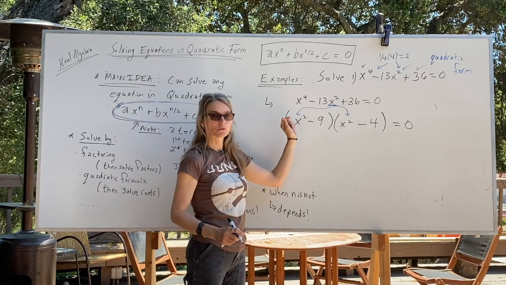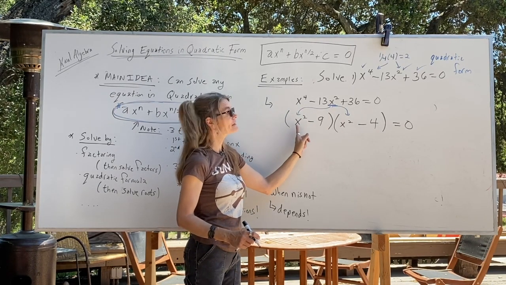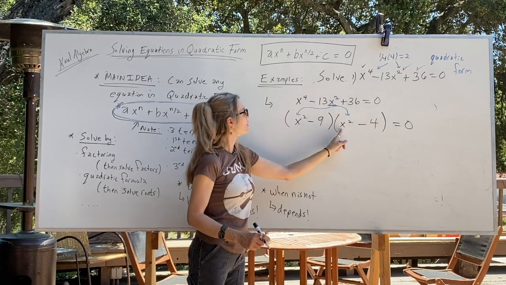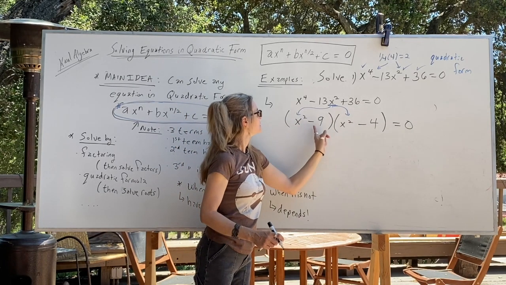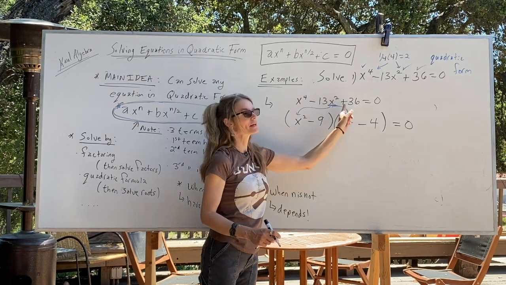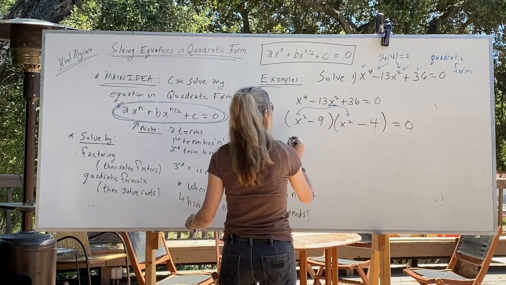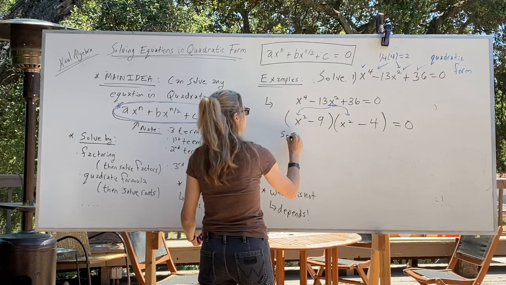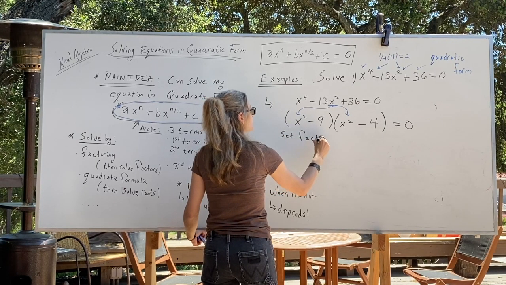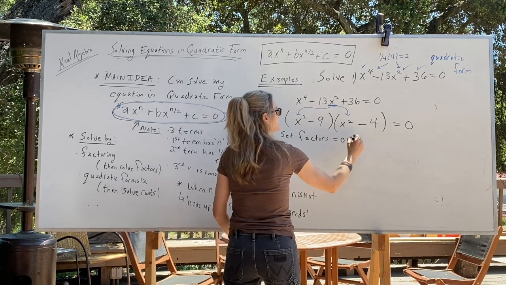Okay, so here we have an equation, again, that's not a quadratic, but similar to one. We multiply these out, and we see that we get the original combination. Okay, so here I have my factors. Now what I want to do is set my factors equal to 0 and solve.